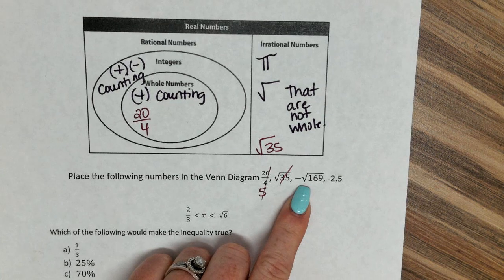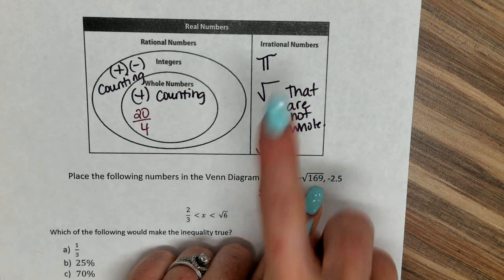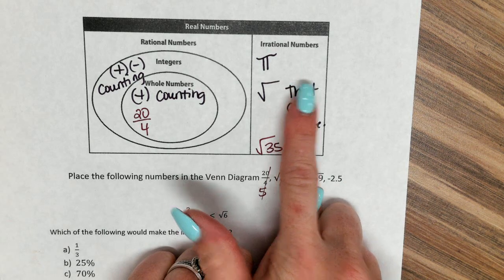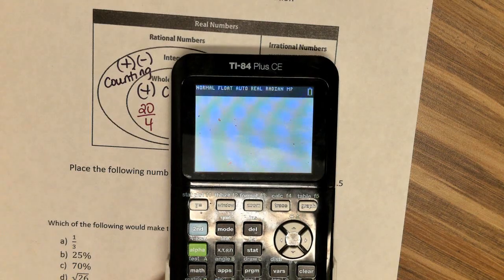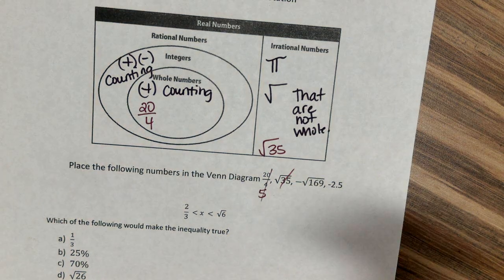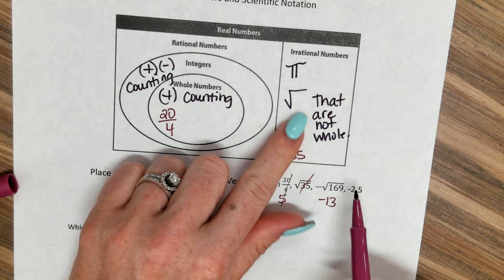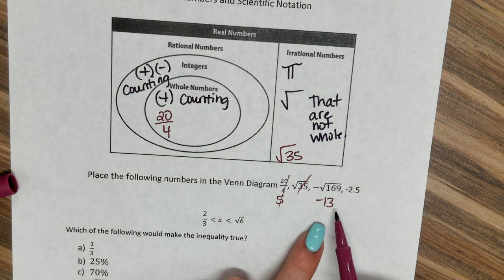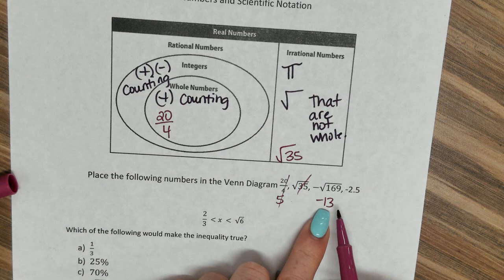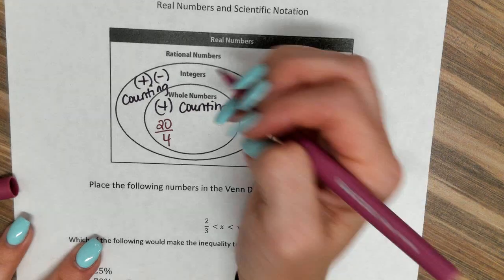All right, the negative square root of 169. Is it a square root? So it might go here, but we have to test if it's a whole number first. So here we go. The negative square root of 169, negative 13. Do y'all see how not all square roots go over here? Where does negative 13 specifically belong? Integer. Very good, because it's a negative counting number.